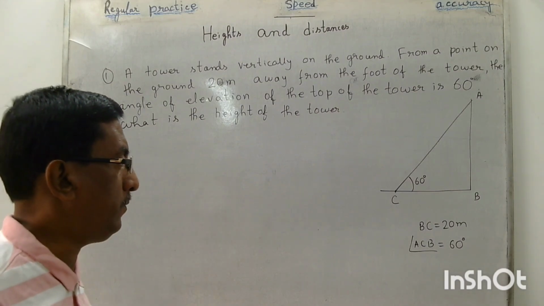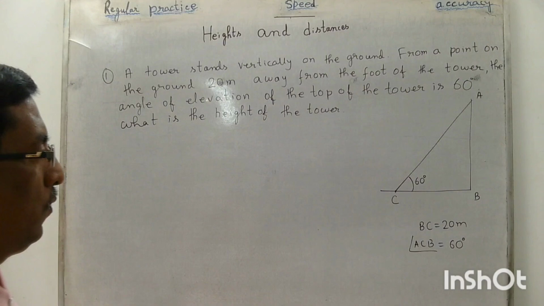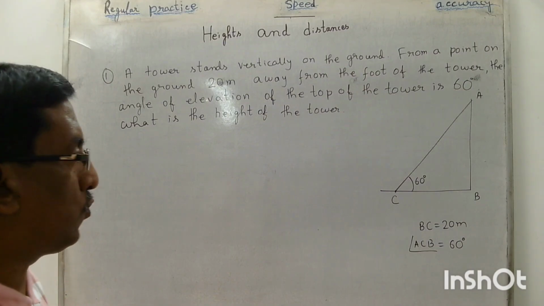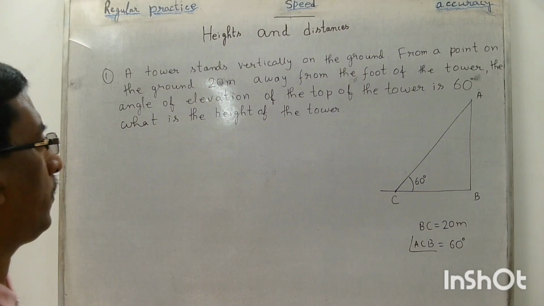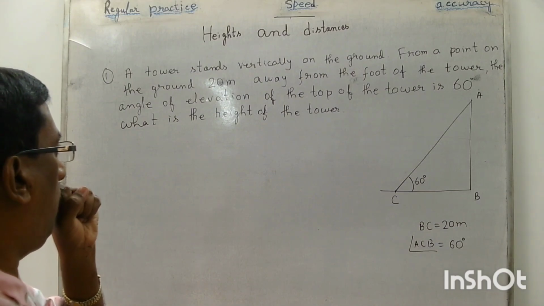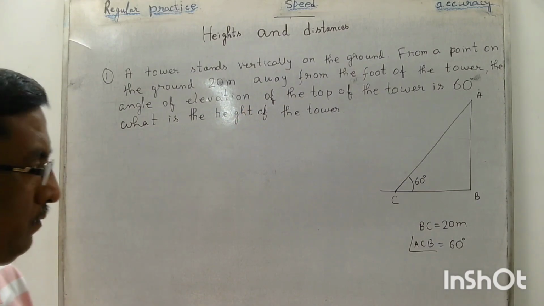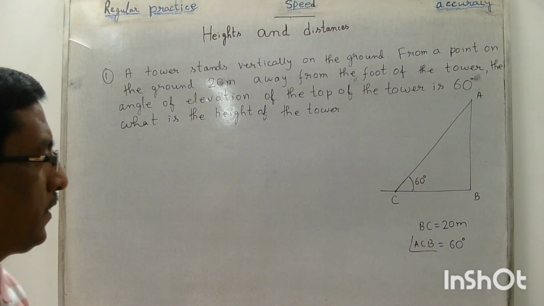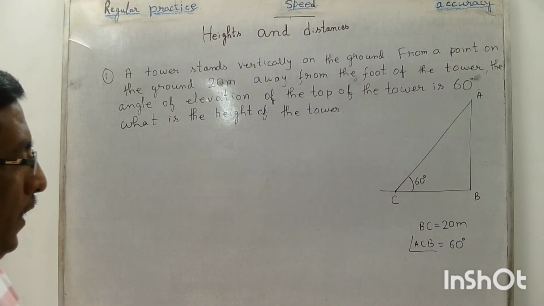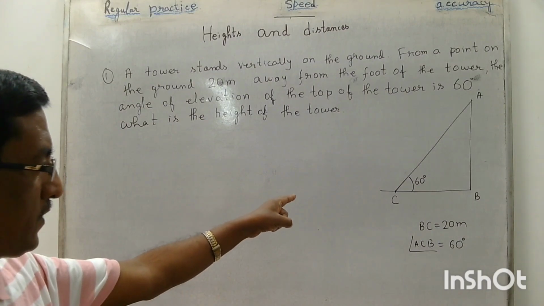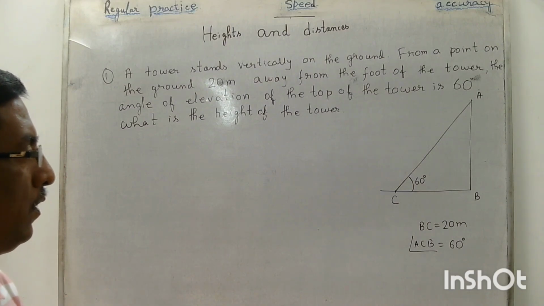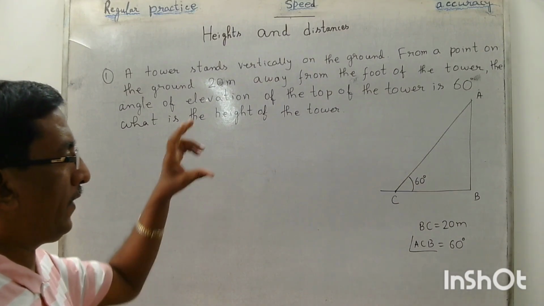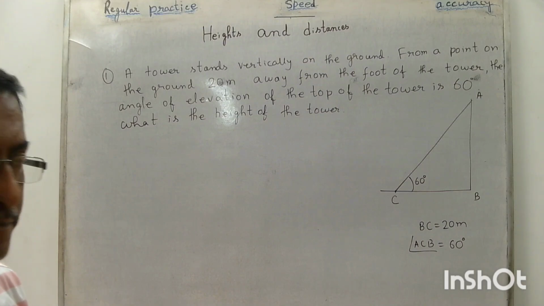From the point C, someone is looking at an angle of 60 degrees towards the top of the tower. He is observing the top of the tower. So angle ACB is 60 degrees, and this point C is 20 meters away from the point B. The problem is to find the height AB.